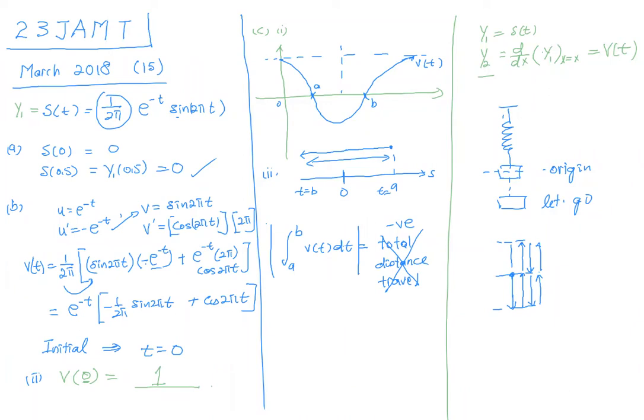Then after that, the particle is moving to the left, and B to 1, the particle is also moving to the right. So that represents the total distance traveled in the first A seconds and the last 1 minus B seconds.